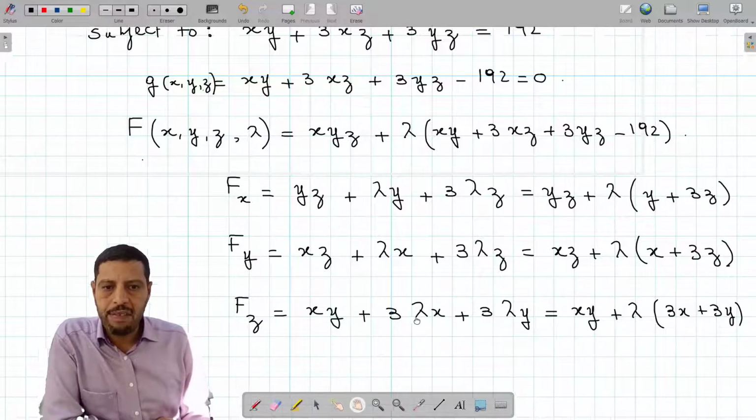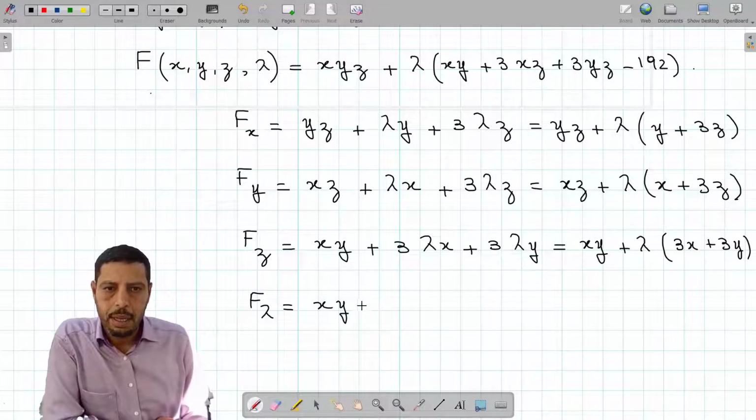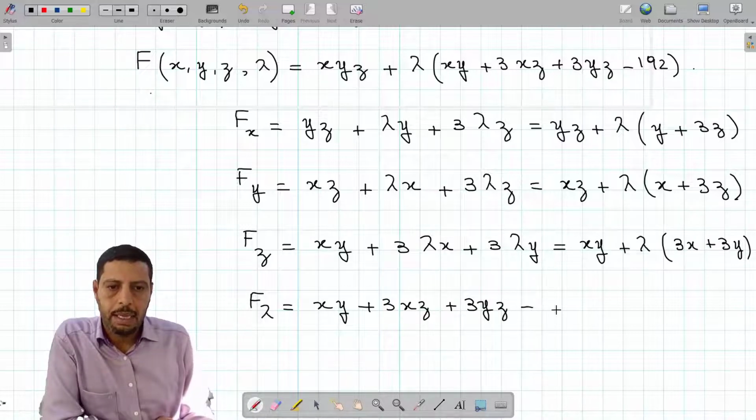The last one is F lambda, and F lambda is xy plus 3xz plus 3yz minus 192.